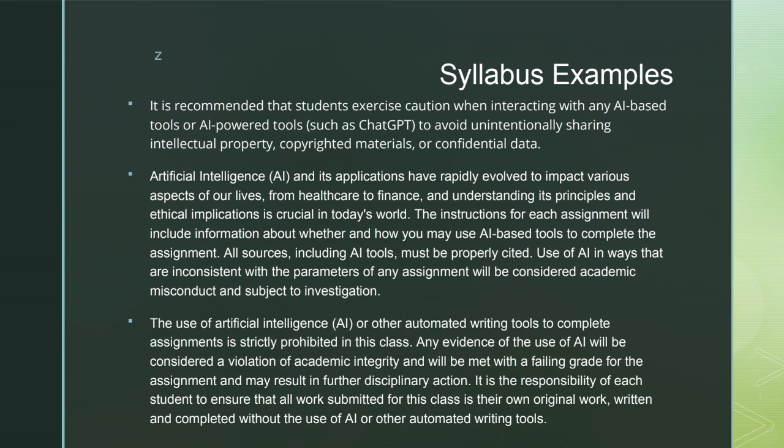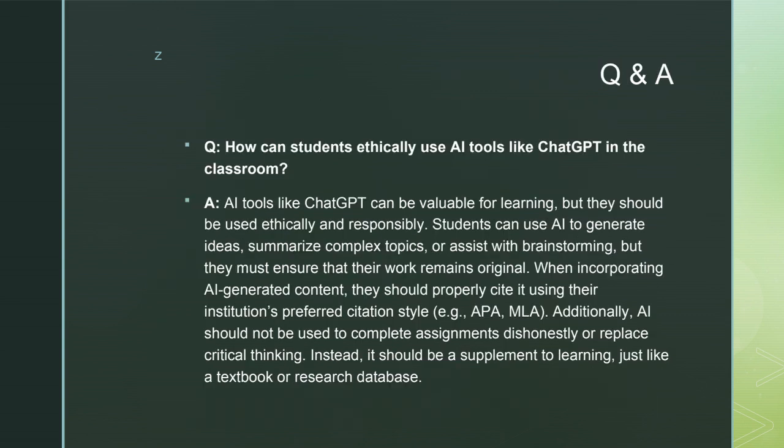I wanted to open it up to questions and answers. So I asked the AI the following: How can students ethically use AI tools like ChatGPT in the classroom? And this is what the AI replied. AI tools like ChatGPT can be valuable for learning, but they should be used ethically and responsibly.